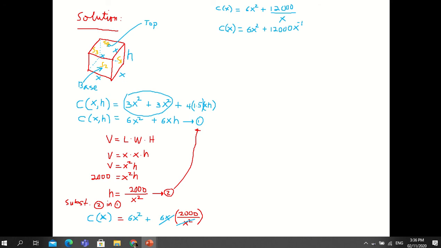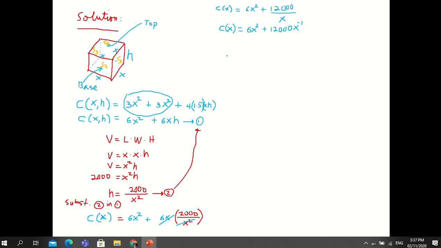Now since we are solving these optimization problems, and the problem says, what will be the total cost of the materials that is least. This means minimum, right?